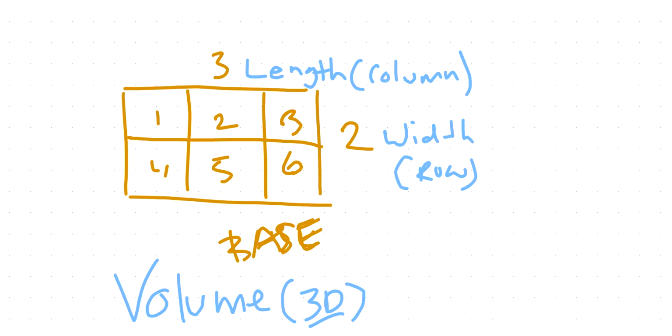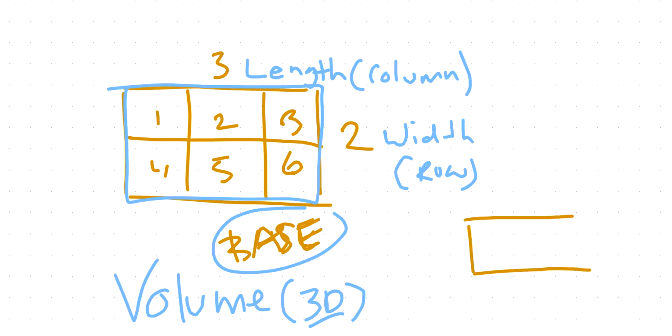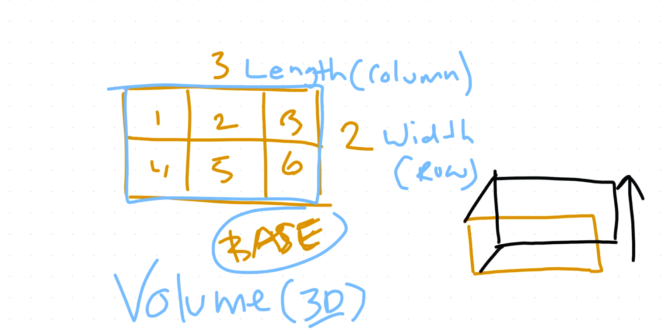If we break that apart, I have a base of 6, 3 by 2. So I'm going to try to redraw this in the same color. Here's my base of 3 by 2. And then I end up having a height put to it, how tall this is. I'm going to try to draw this 3-dimensional piece here.